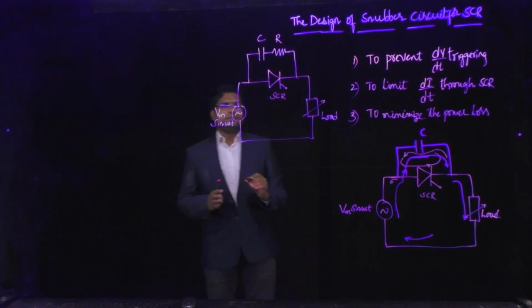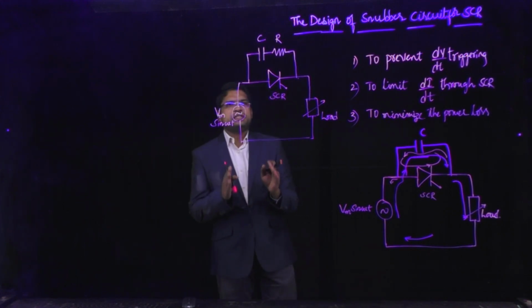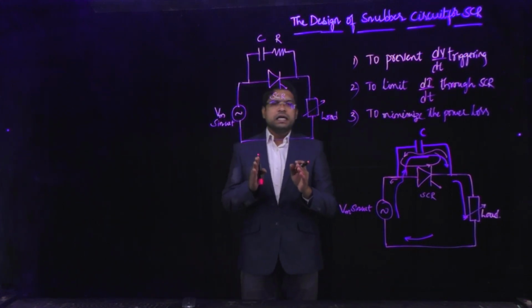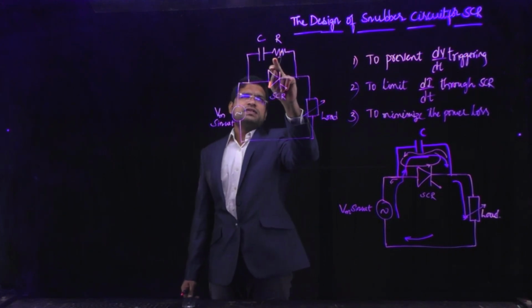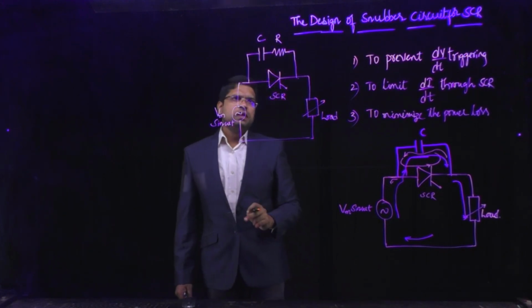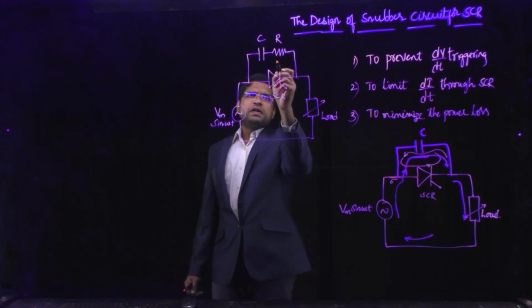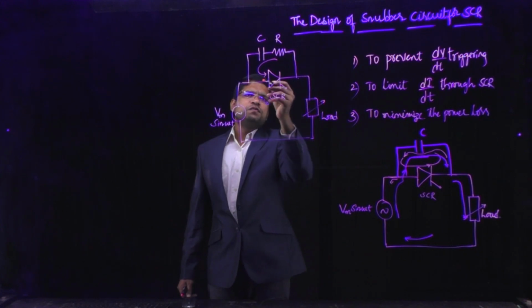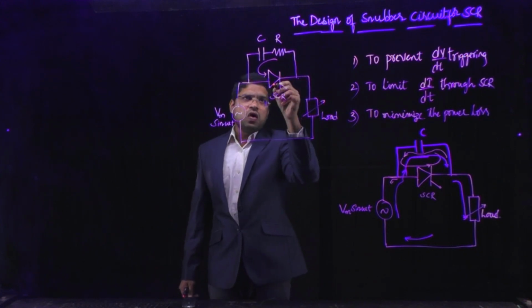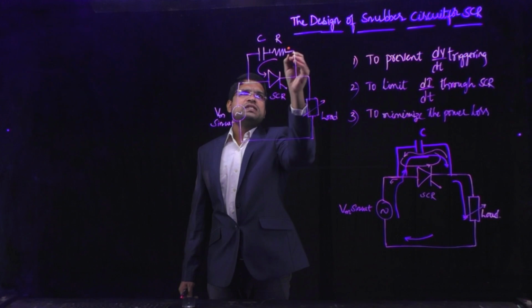So this is the actual snubber circuit for an SCR. Here I have incorporated a resistance in series with the capacitance. Now you see, during the discharging period of the capacitance, the high rate of change of current flowing through the SCR, whenever it is in on state, is limited by this resistance.